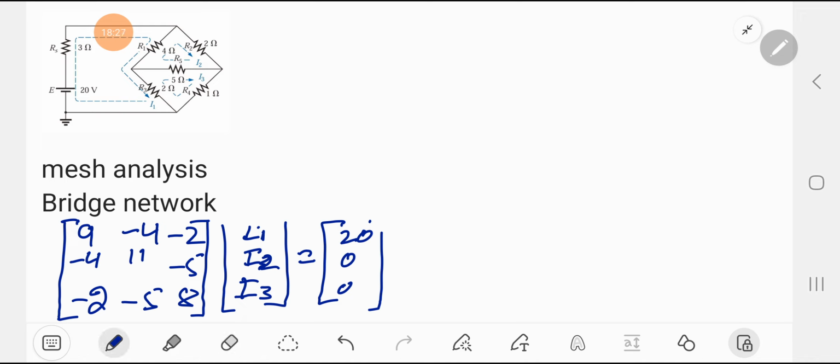For example, if we have this matrix and we are going to find its determinant, then 9 goes with a plus sign, and for the next element, which is minus 4, we put a minus sign, but since minus is present too, we put a plus sign.